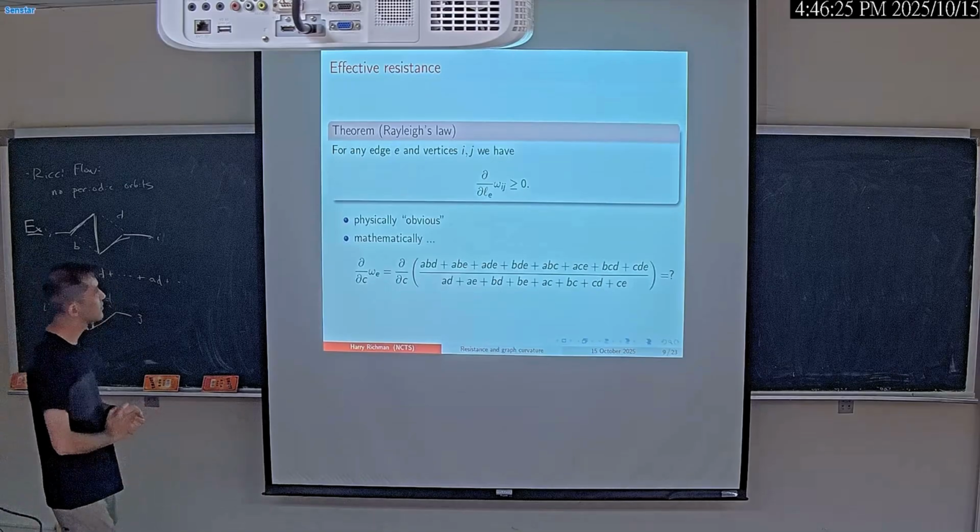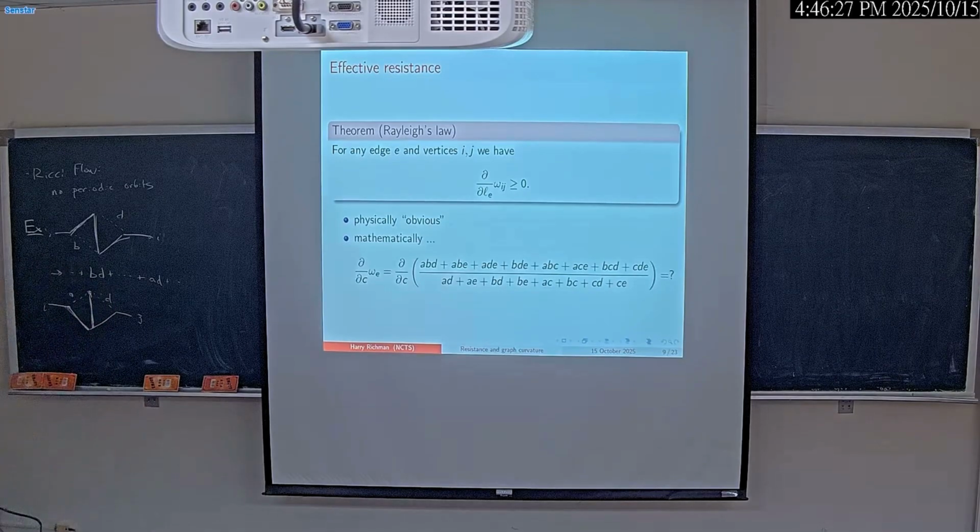Okay, so one fact that's very important for effective resistances is this property known as Rayleigh's law. Rayleigh's law says if you take some circuit with some terminals i and j, where you're measuring the effective resistance from i to j, and you take any edge in your network and increase the resistance of the resistor on that edge, so we're taking this partial derivative, then the overall effective resistance has to also increase.